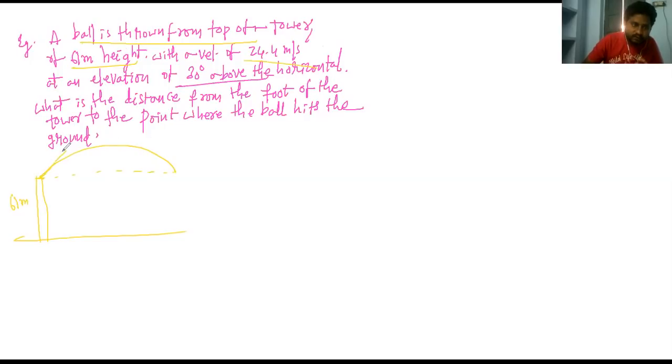Now, what is the distance from the foot of the tower to the point where the ball hits the ground? The ball will hit the ground in this way. Imagine this is the distance D.